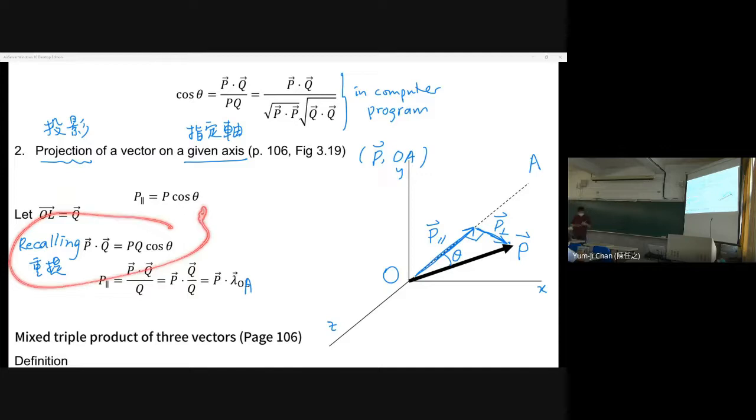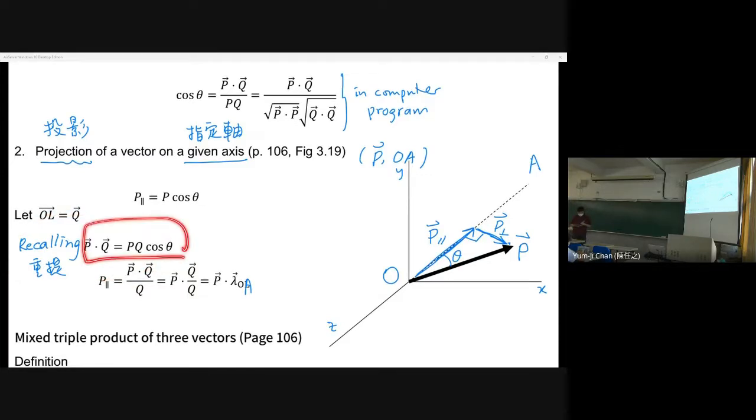P dot Q is equal to PQ cosine theta. So P cosine theta is equal to P parallel, and this is equal to this one.